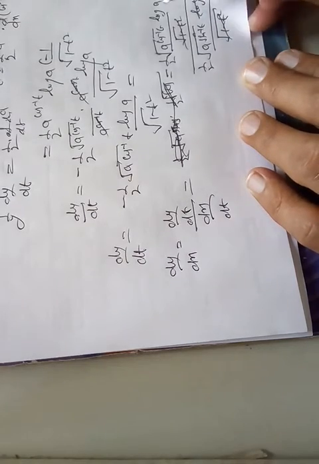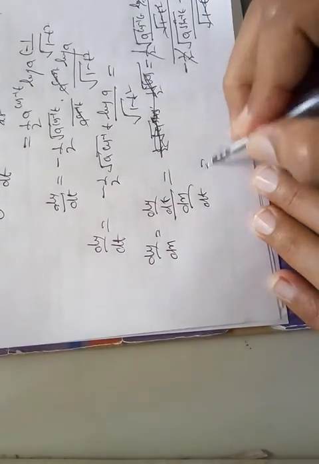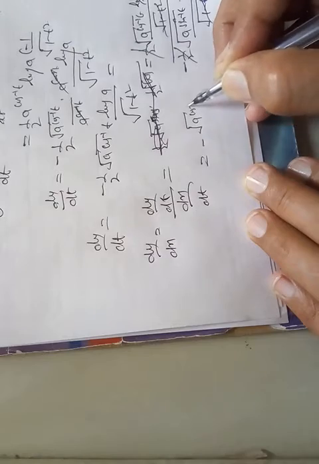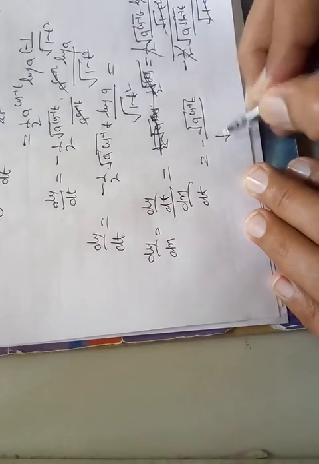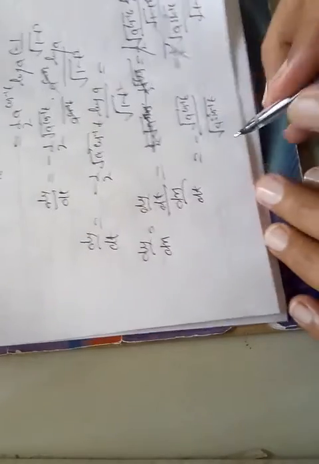The log a, 1/2 and under root 1 minus t square cancel, so this equals minus under root a raised to cos inverse t upon under root a raised to sin inverse t.